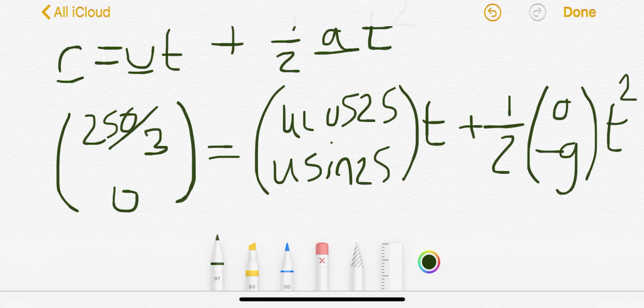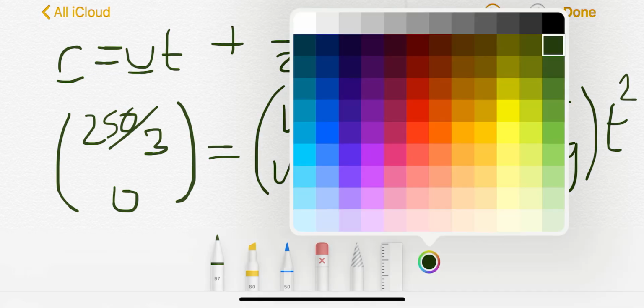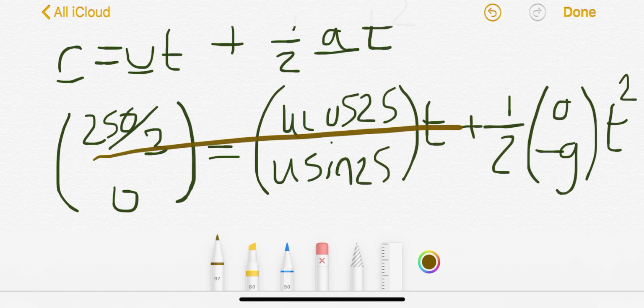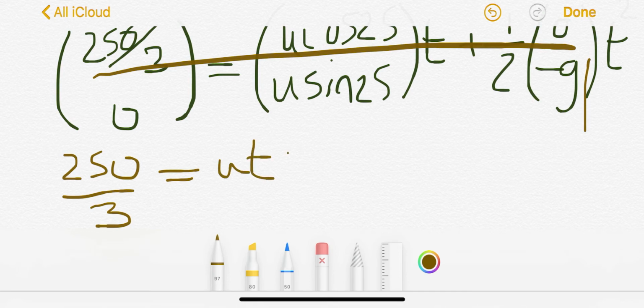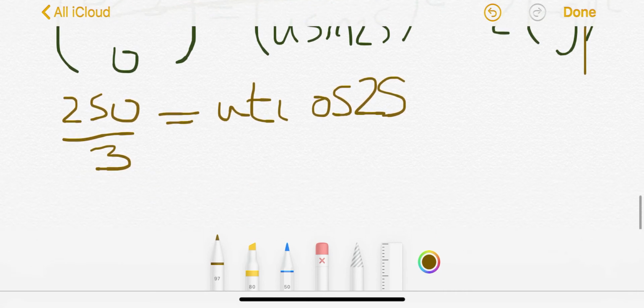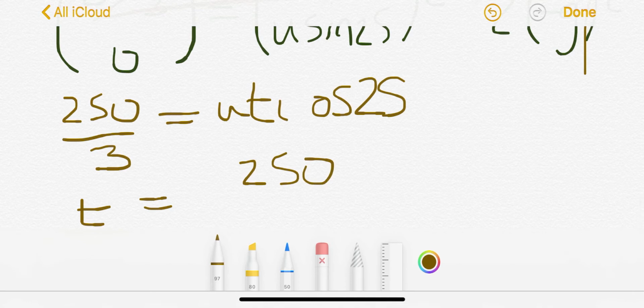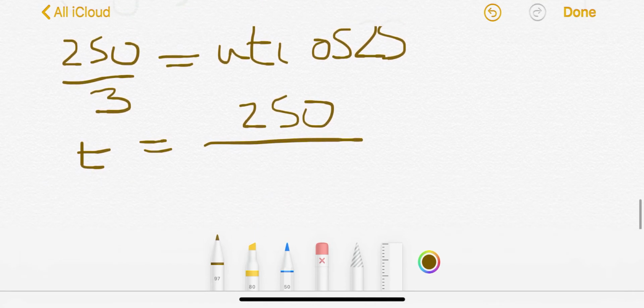Taking the horizontal component, we can solve for t in terms of u. 250 over 3 equals ut cos 25, so t is equal to 250 over 3u cos 25.